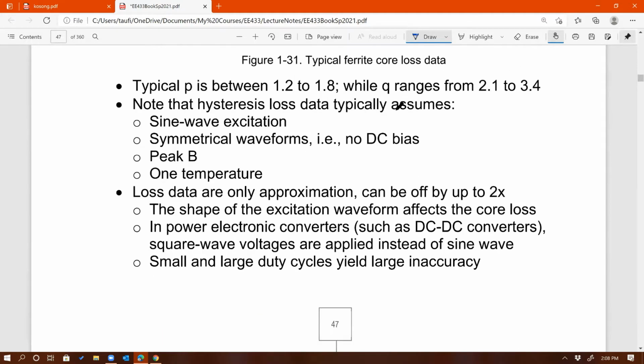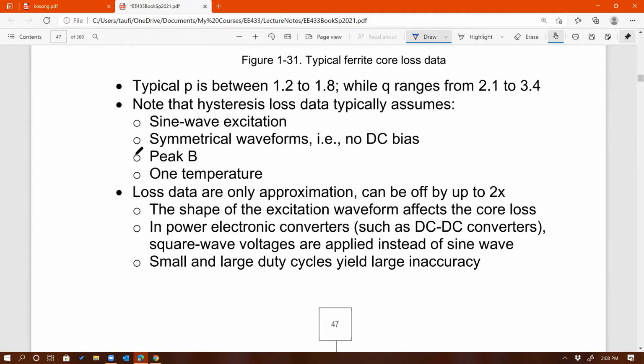Note that hysteresis loss data typically assumes sine wave excitation. I mentioned this earlier, before we started the circuits, right? The data sheet is typically provided based on certain operating conditions. The information that you get from the data sheet is typically obtained under very specific operating conditions, such as sine wave excitation, symmetrical waveforms, no DC bias, peak flux density, and only one temperature.